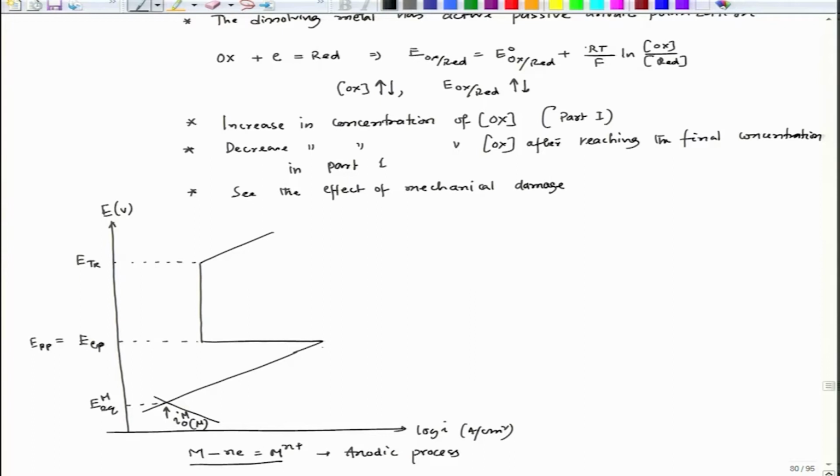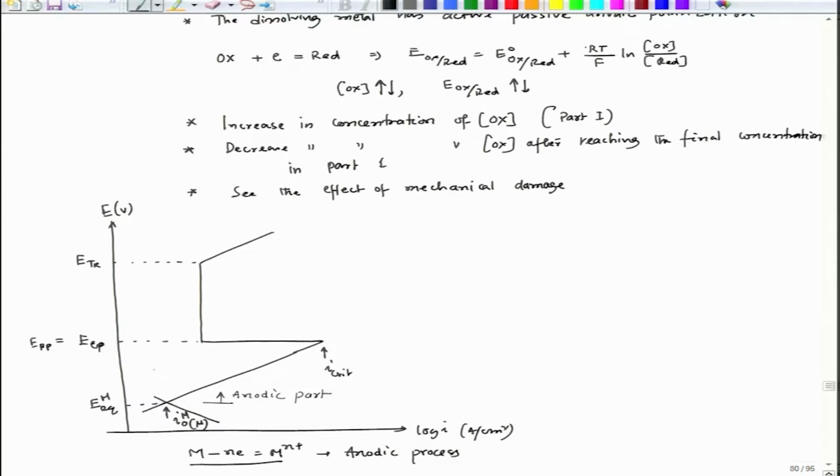This is I critical. Okay. So, now when we have this situation, let us try to draw the diagram for the cathodic line, the cathodic polarization part. This is the anodic polarization part.